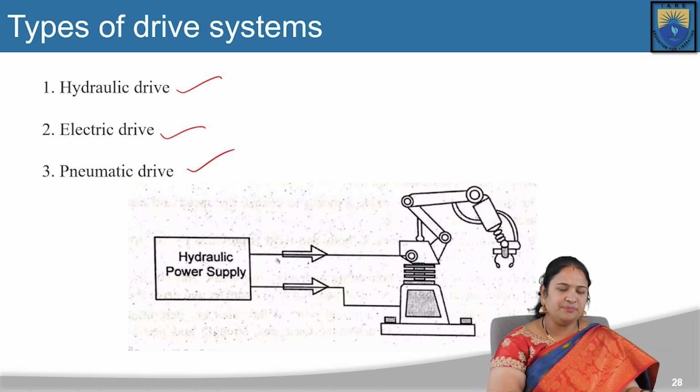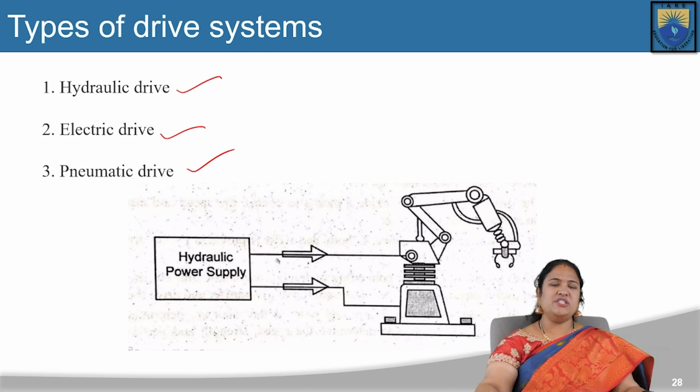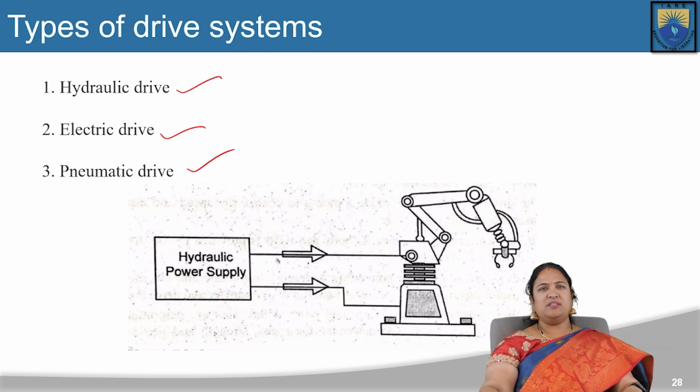For example, here in the hydraulic system, the drive system is used without much human effort. The work done by the robot will be done more efficiently and more easily.